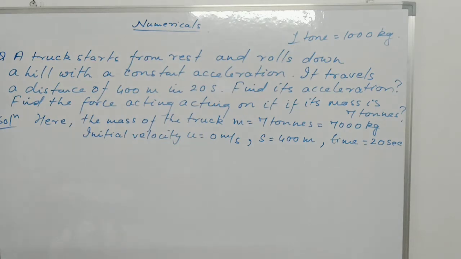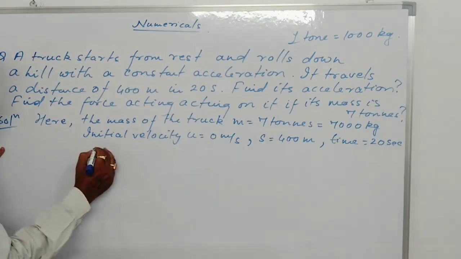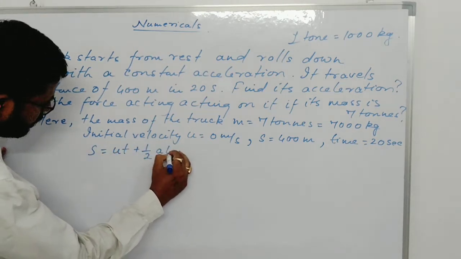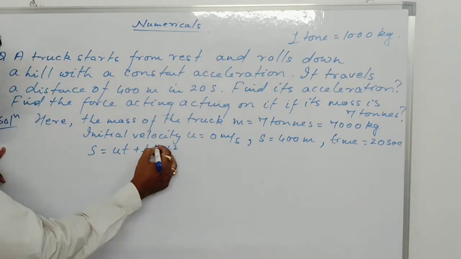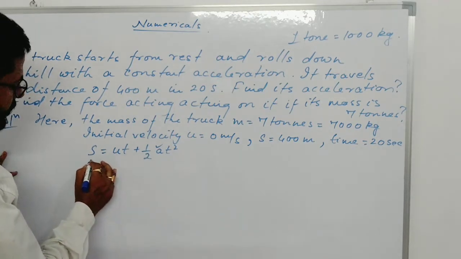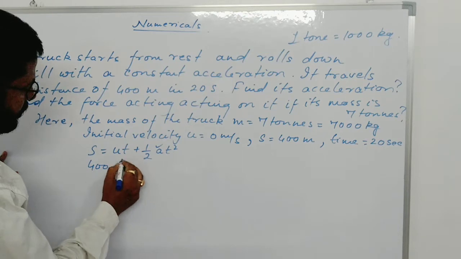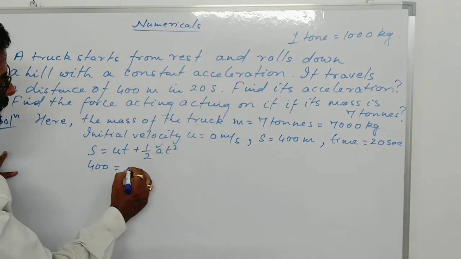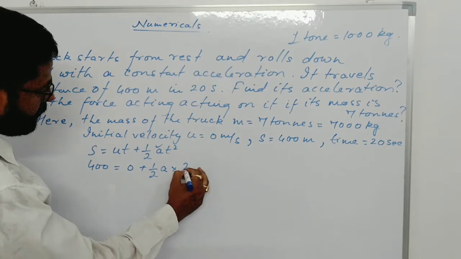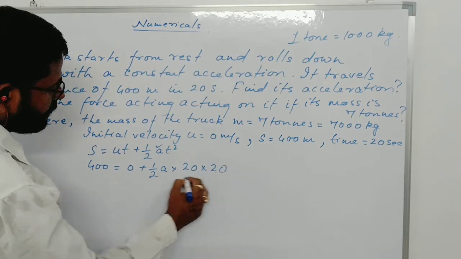From the position-time relation, s is equal to ut plus half a t square, everything is given. We have to find acceleration from here. S, that is 400, is equal to 0 into t, which becomes 0, plus half into a, into 20 into 20.